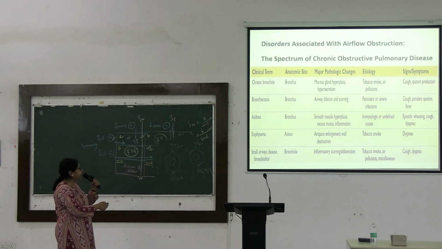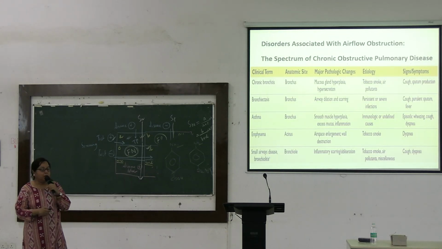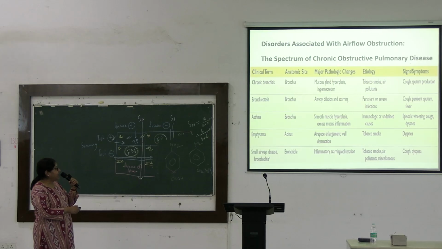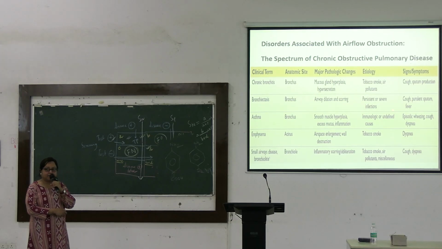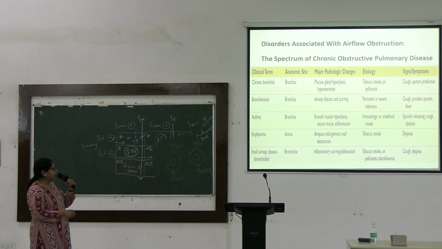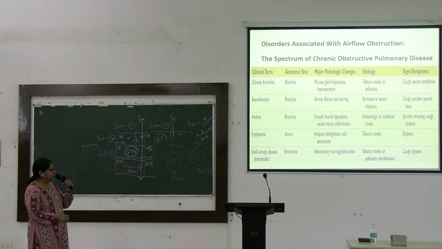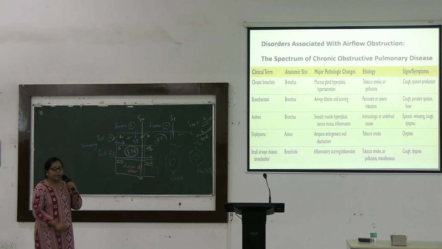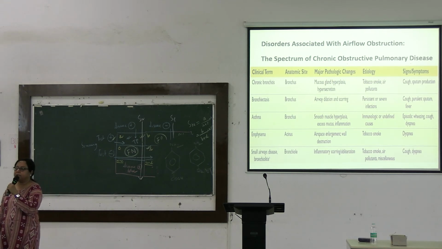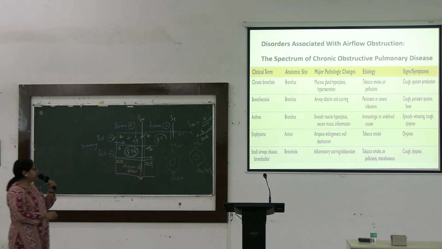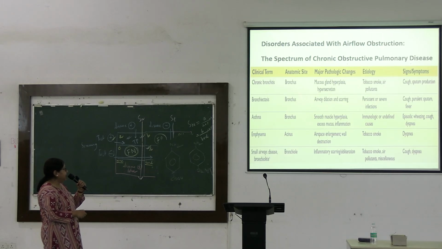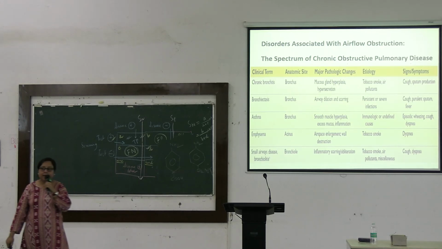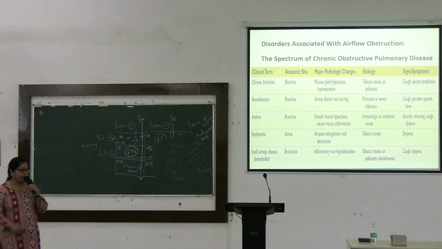Here is a schematic chart in which you can note the spectrum of COPD: chronic bronchitis, bronchiectasis, asthma and emphysema, in which the signs and symptoms are almost similar. The patients have cough, sputum production, dyspnea, and wheezing. All these are symptoms, and the occurrence is mainly in the bronchus or bronchiole.